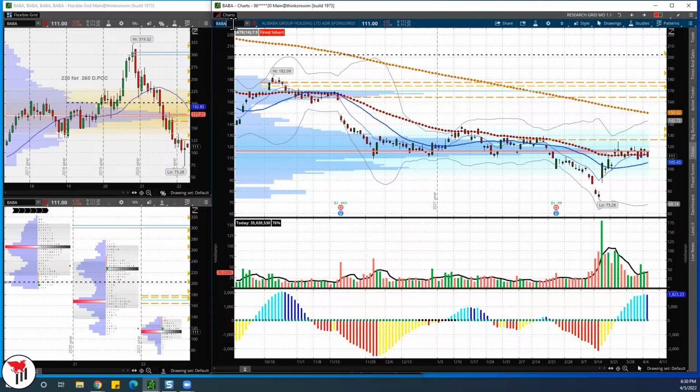So Baba. I think we hit the, I mean, remember guys, this was a catalyst driven rally with the Chinese government saying that they're not going to be messing with them anymore. So who knows, right? I want to trade the monthly chart on this one.